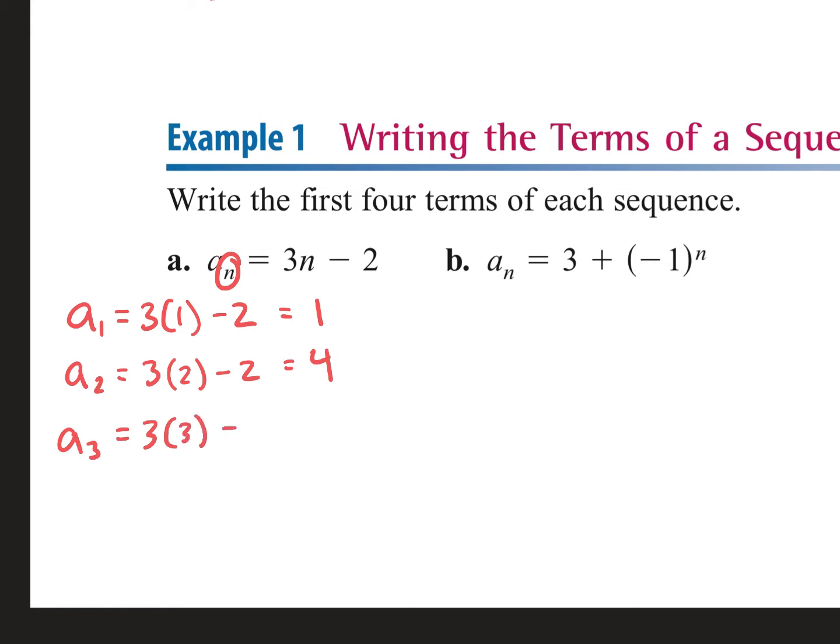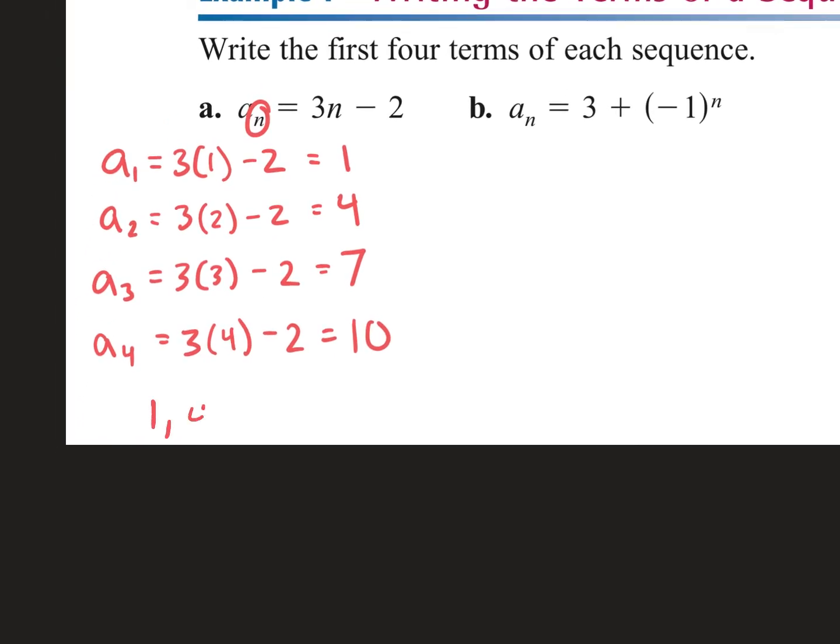So 3 times 3 minus 2. 3 times 3 is 9. 9 minus 2, 7, and then a sub 4, so we plug in 4 for n. 3 times 4 is 12, and 12 minus 2, 10. So our first 4 terms of our sequence are 1, 4, 7, and 10.